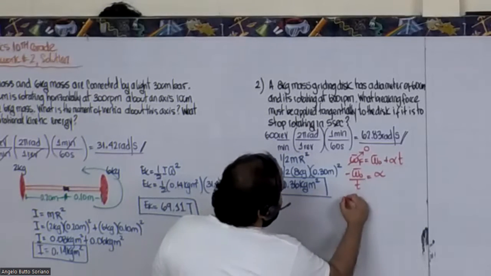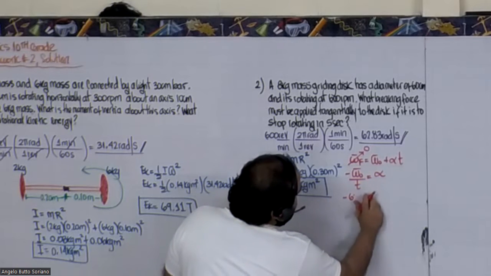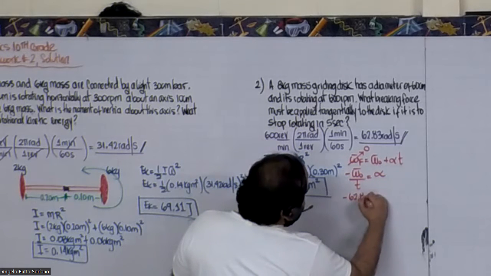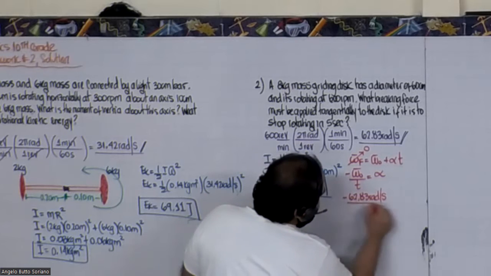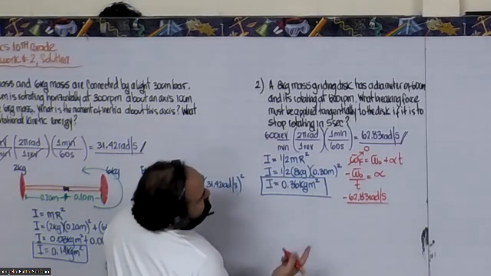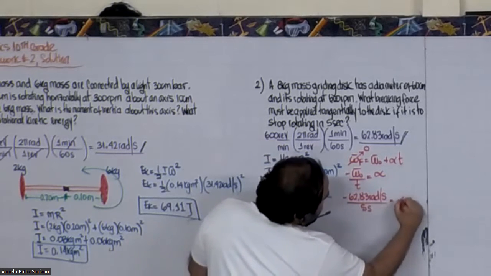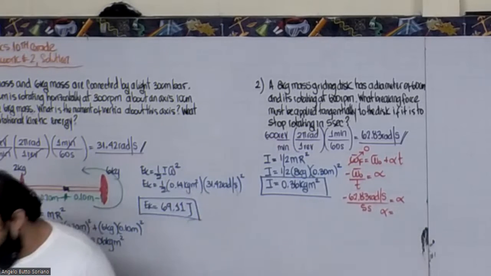So that will be negative 62.83 radians per second divided by the period of time, which is 5 seconds. The value of alpha will be negative. Why negative?